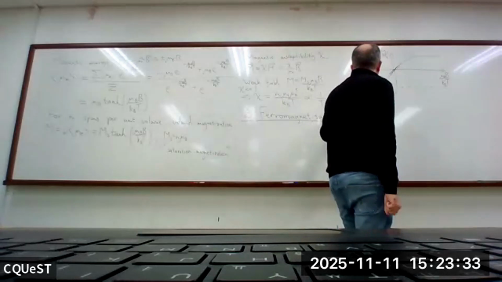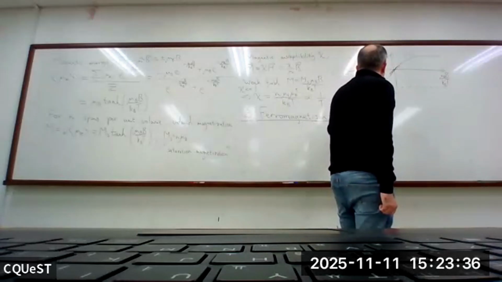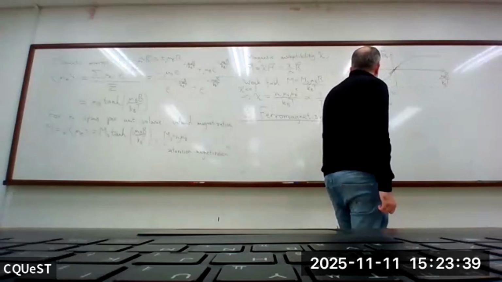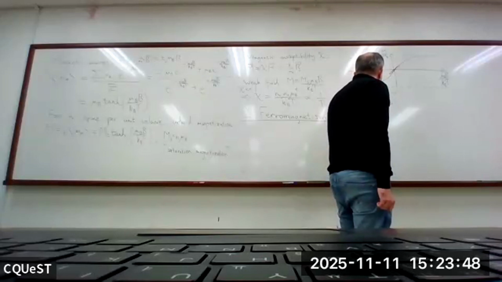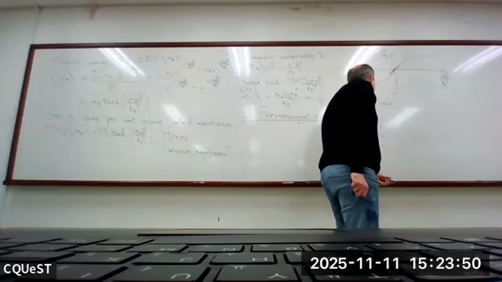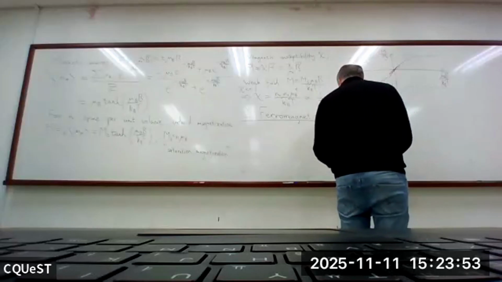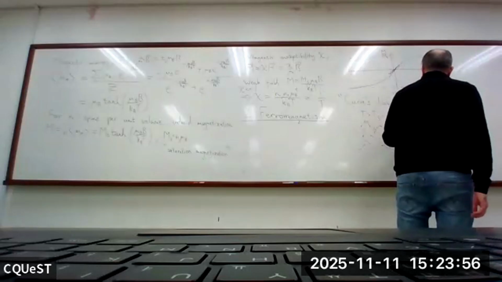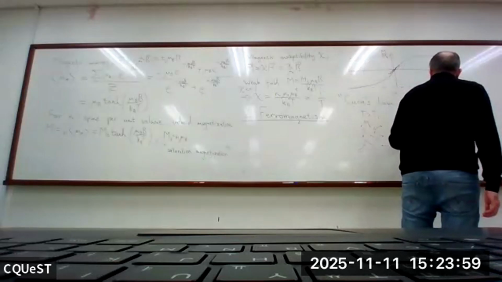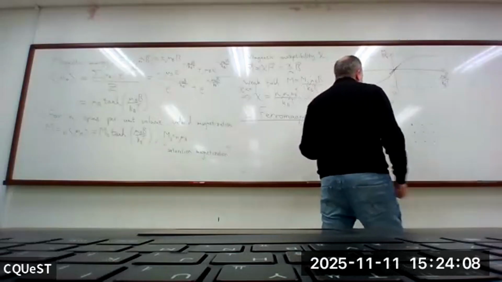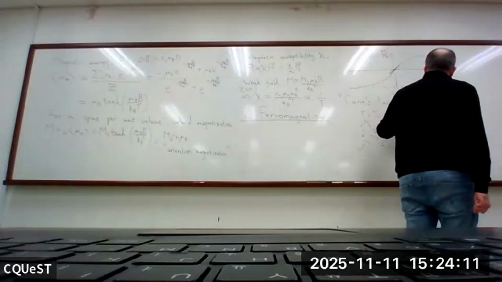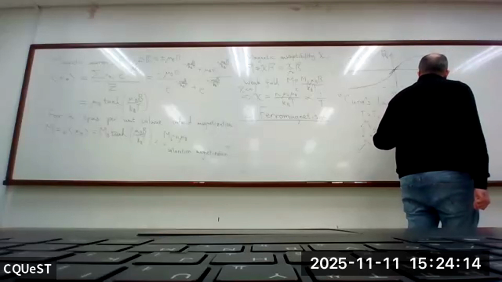In the case where the temperature is above some critical temperature, then all of these will be aligned randomly. But in the case where the temperature goes below some critical value, then all the spins will tend to align.